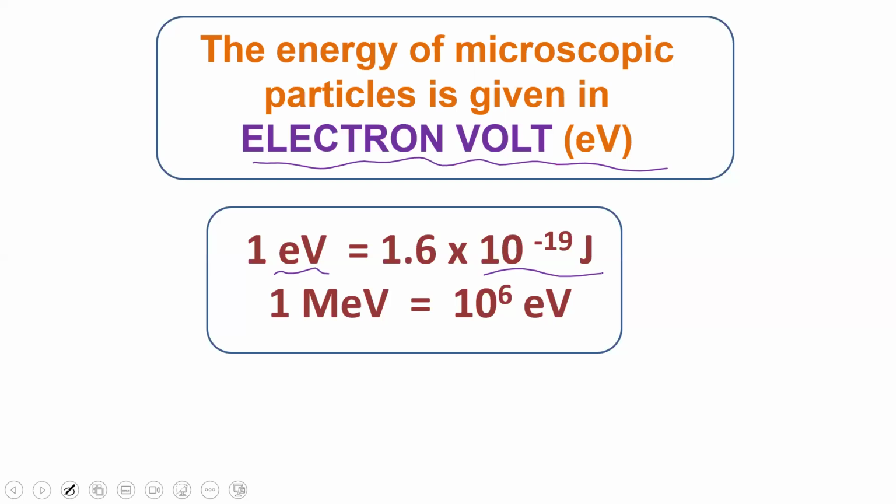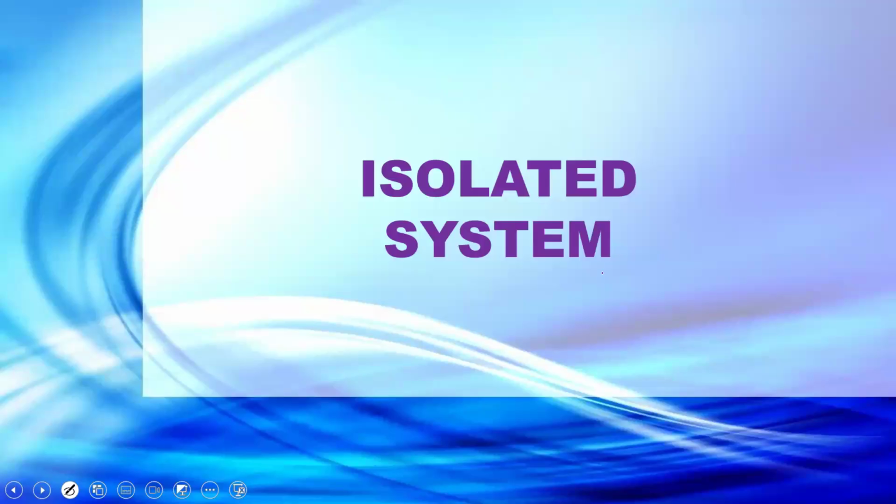Electron volt, and it has to be converted into joules. Other conversions are obviously given. You just have to remember how to use the conversion.